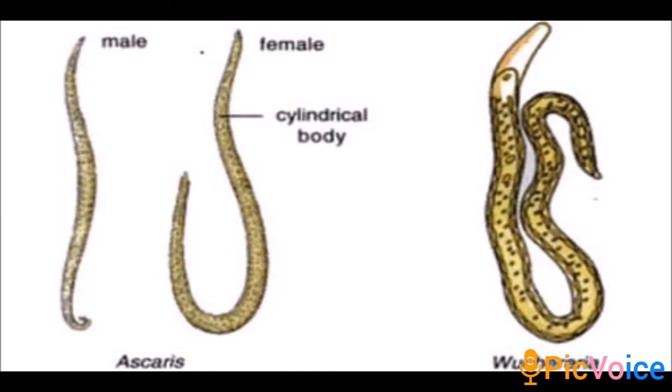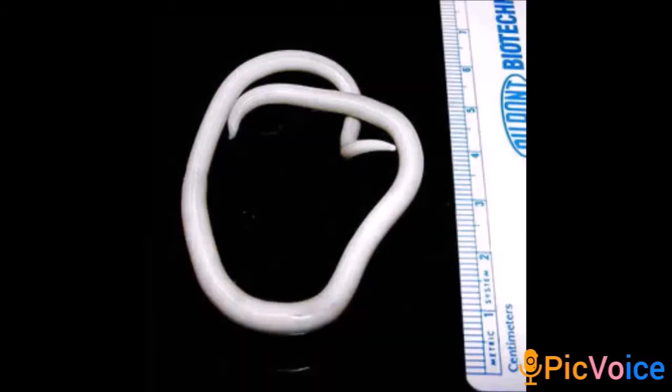And the alimentary canal, that is the digestive system, is complete. It has a well developed muscular pharynx to the intestine. An excretory tube is present for removing the waste from the body cavity through an excretory pore. An example for Aschelminthes is Ascaris, the common name is roundworm.